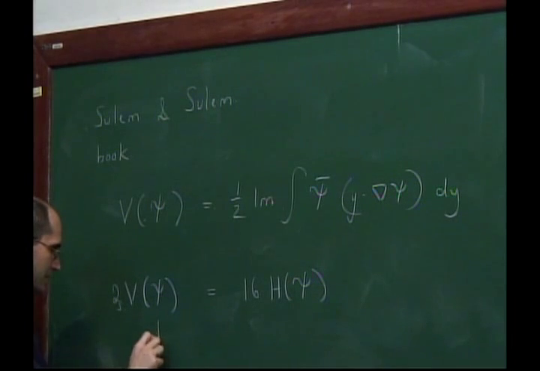Then what they do is plug in psi in the form that we have been working with. So psi is equal to e to the i s, z plus w.